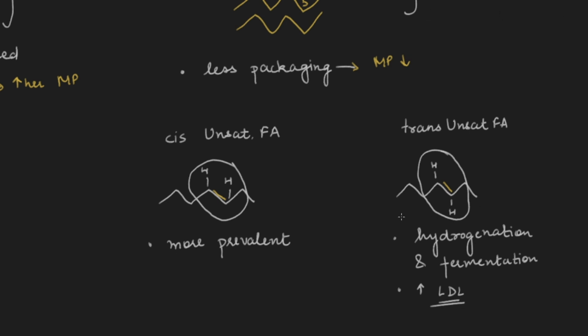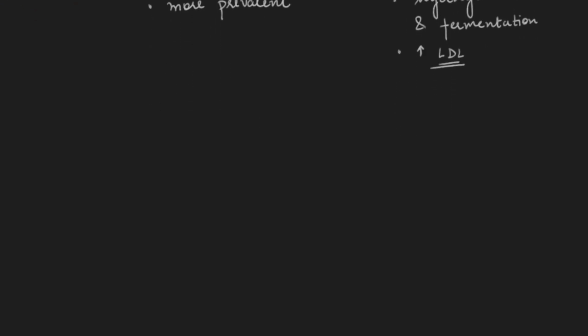Unsaturation also results in two different kinds of unsaturated fatty acids called monounsaturated fatty acid, also labeled as MUFA, or polyunsaturated fatty acid, also called PUFA.